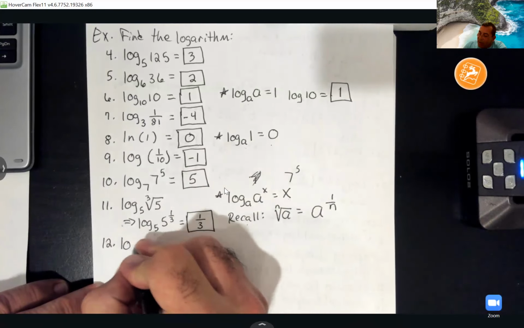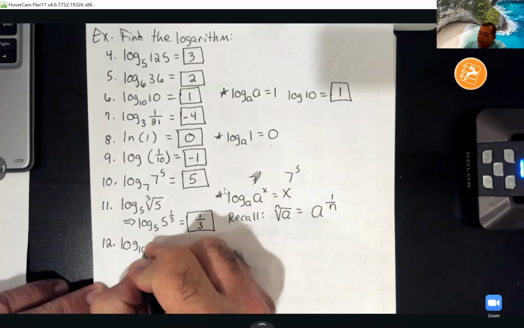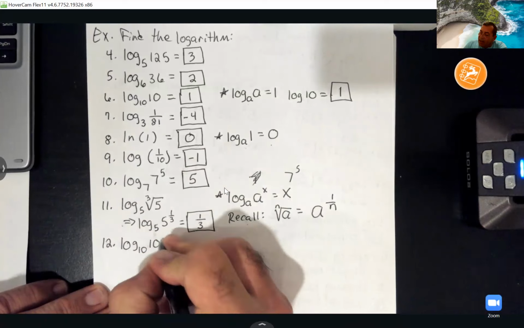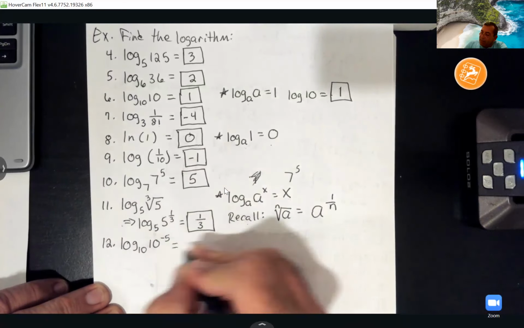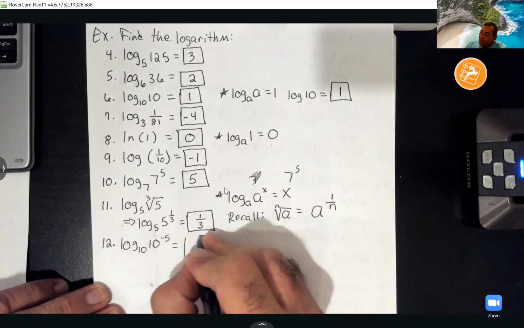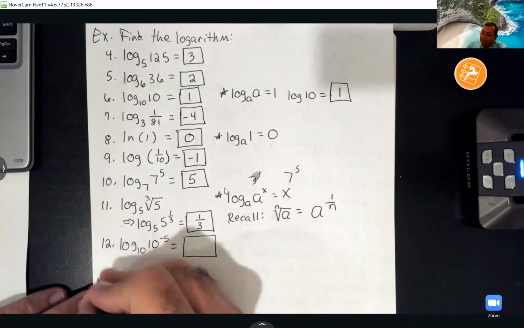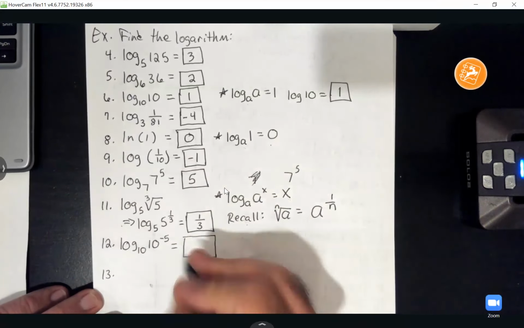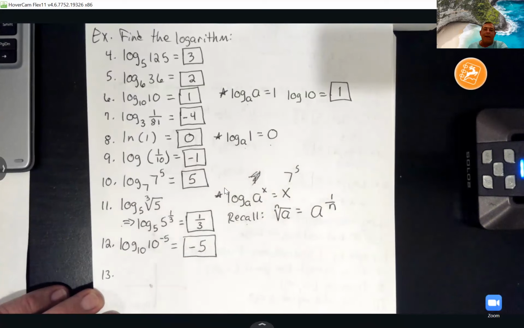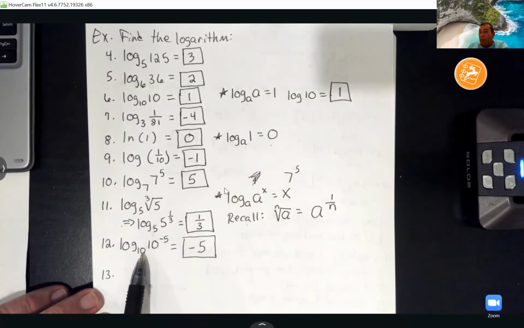All right, here we go. Log base 10 of 10 to the -5th. What are you getting? -5. Now, you can punch that on the calculator. You can use the log base if you want to put in the 10, or you could have just used log on the front and did log of 10 to the -5th.